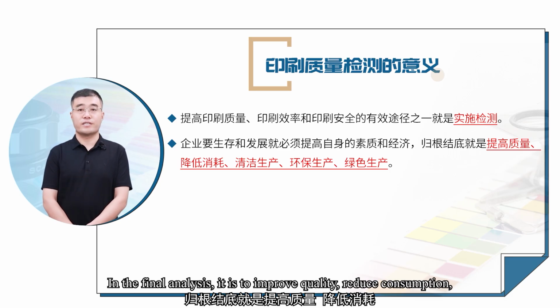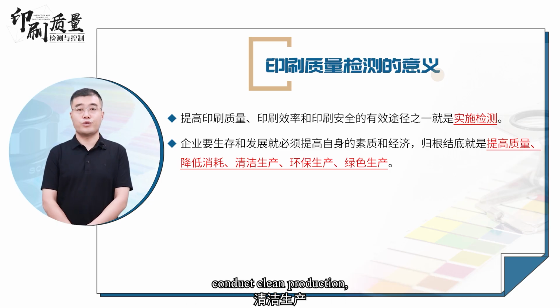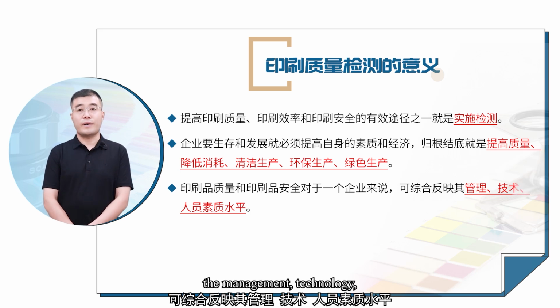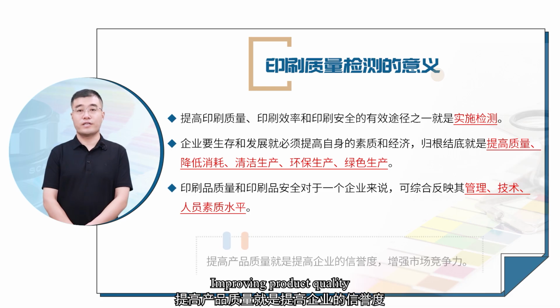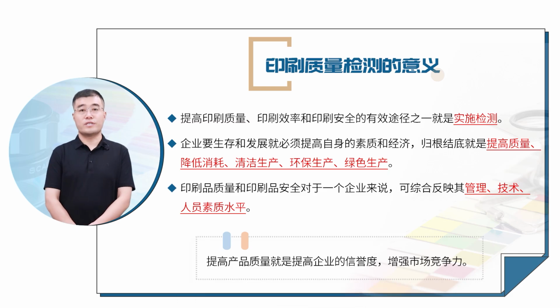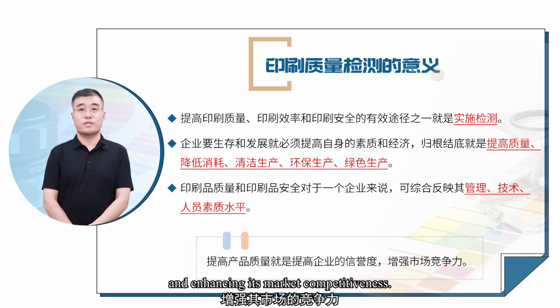In the final analysis, it is to improve quality, reduce consumption, conduct clean production, environmental protection production, and green production. The quality and safety of printed products can comprehensively reflect the management, technology, and personnel quality level of an enterprise. Improving product quality means improving the credibility of the enterprise and enhancing its market competitiveness.